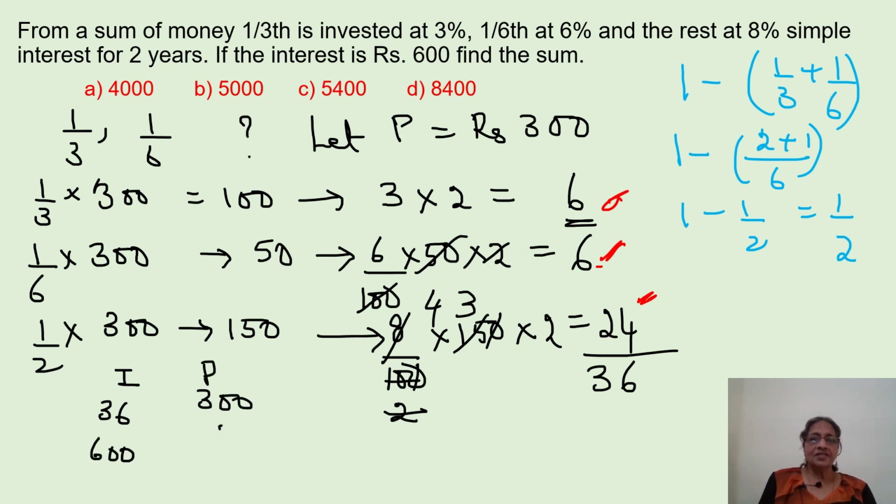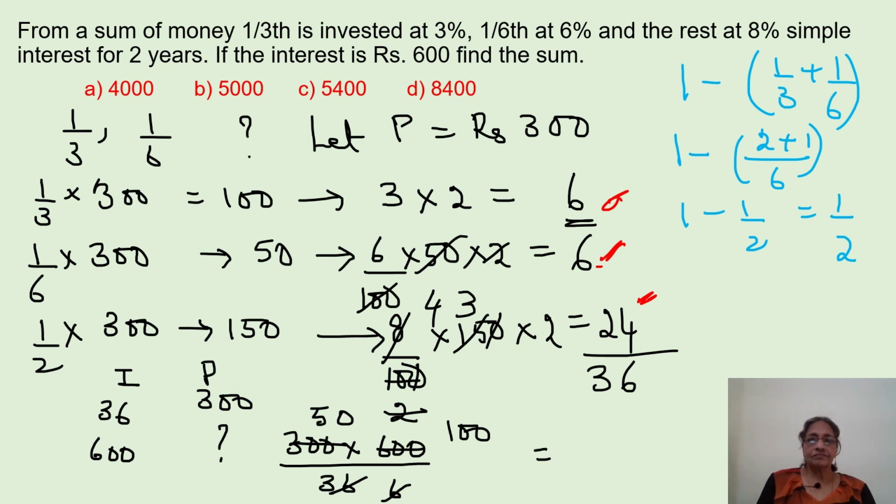So if the interest is 600, B option is the correct one.